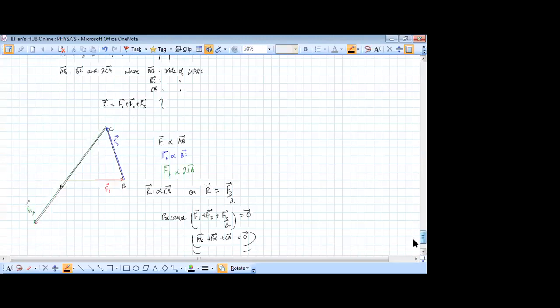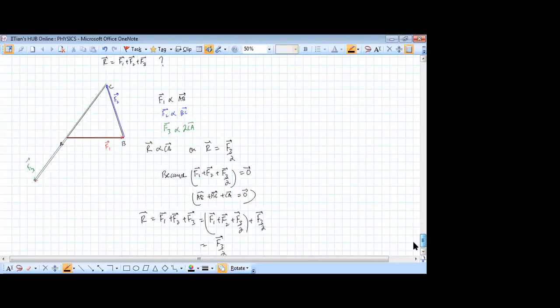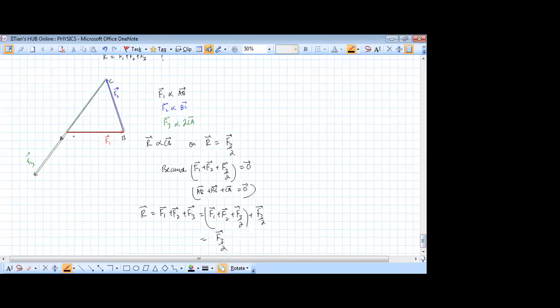So if we draw a vector diagram consisting of the forces F1, F2 and F3, assume F1 overlaps with the side AB, then F2 should exactly overlap with BC, but F3 will become double of CA. So it will overshoot CA. CA would have been just the vector from C to A, but F3 will become double of that. So that's this vector, twice of CA.